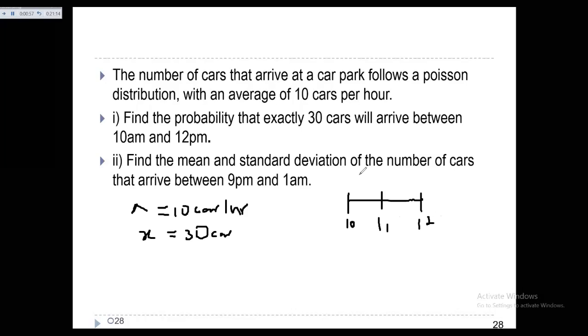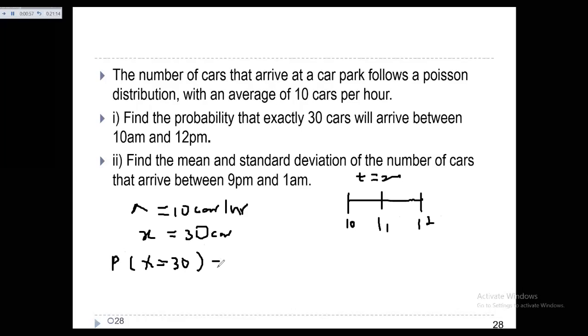This is 2 hours. So it means that your T is equal to 2. And we're asked to find the probability of observing X being equal to 30 cars.